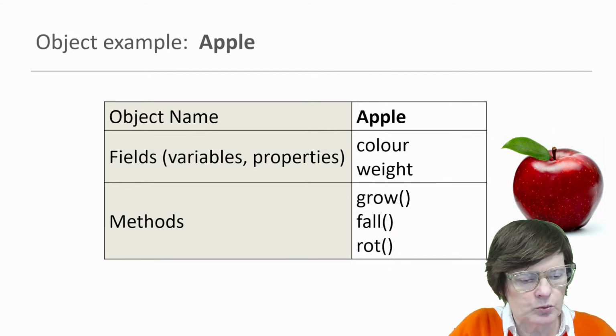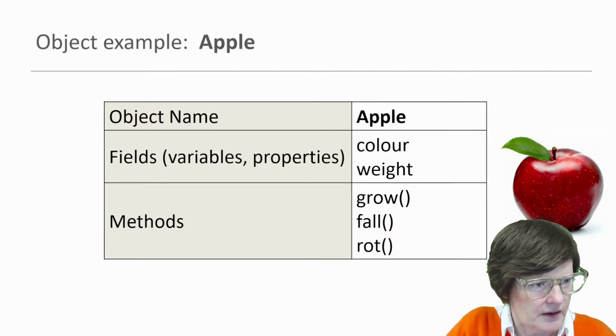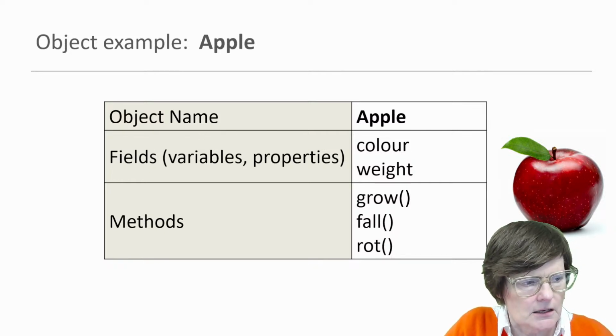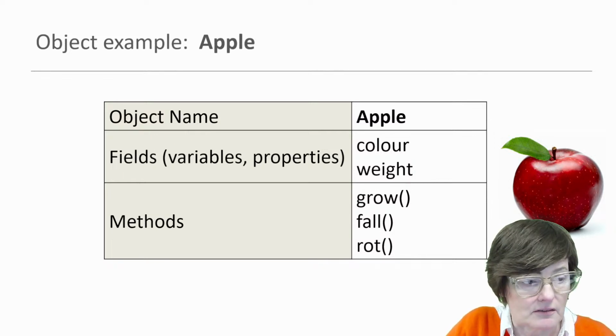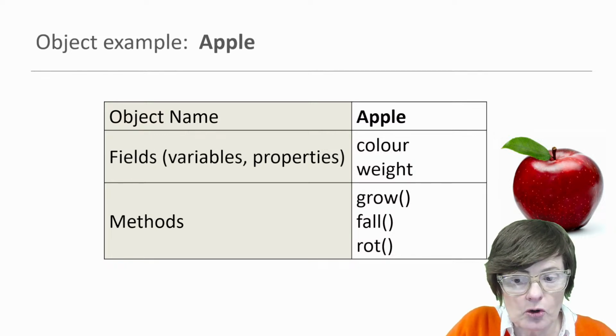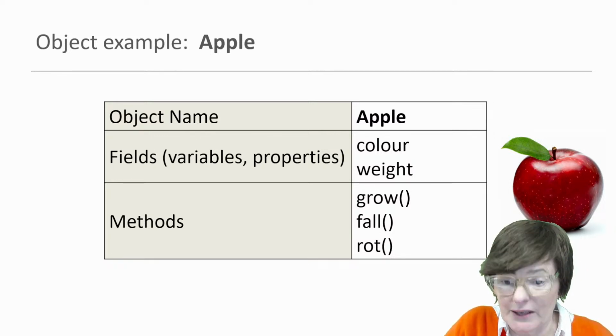So things that we might want to look at there, some operations or methods: grow, fall and rot. What do we mean by that? If an apple is growing, the weight will change and so will the colour in a lot of cases. The fall will happen when the weight is above a certain weight.